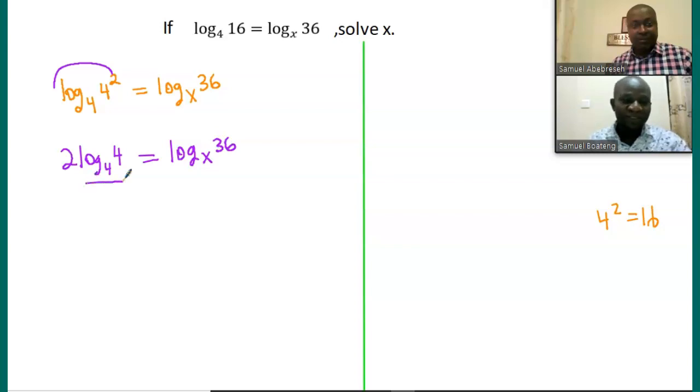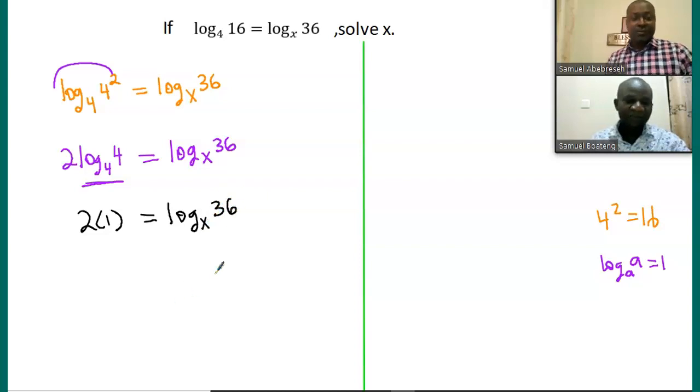Now, one of the properties of logarithm: log of a number to the base of the same number is always equal to 1. Log 4 to the base 4 will give you 1. So we have 2 is equal to log to the base x of 36.